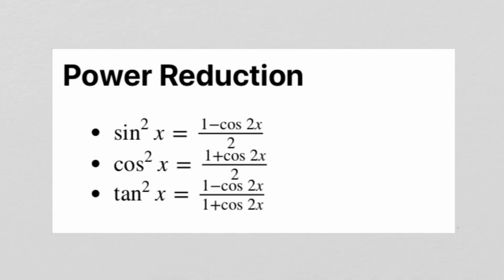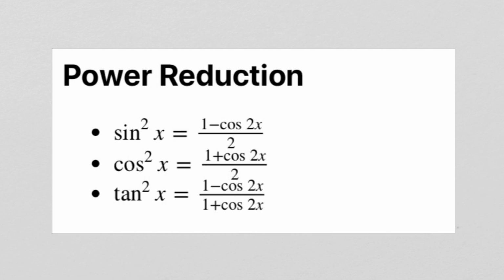Power reduction formulas for sine squared, cosine squared, and tan squared. Sine squared x equals 1 minus cosine 2x divided by 2.